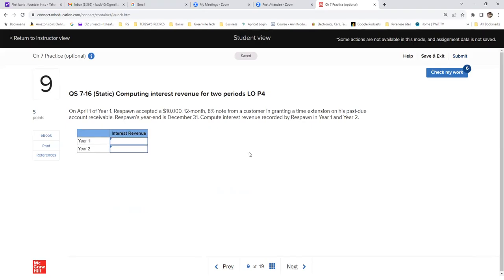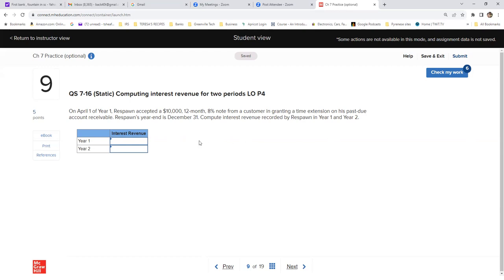On April 1st, Respond accepted a $10,000 12-month 8% note from a customer, granting a time extension on their past due accounts receivable. Respond's year end is December 31st. Compute the interest revenue recorded by Respond in year 1 and year 2.